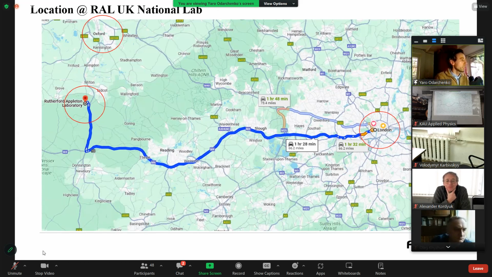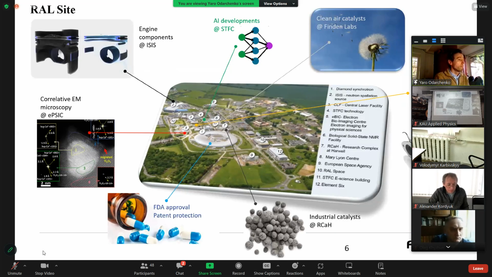Just to show you where we're located, we're near Oxford. There is a national UK lab, Rutherford Appleton Laboratory, and we are tenants, renting space in this national laboratory.